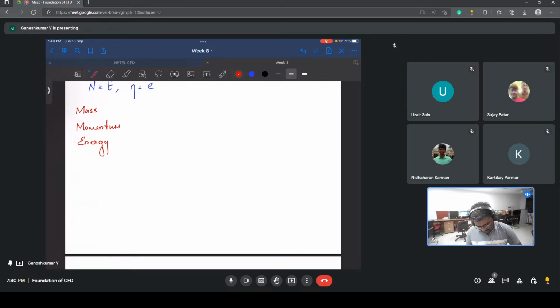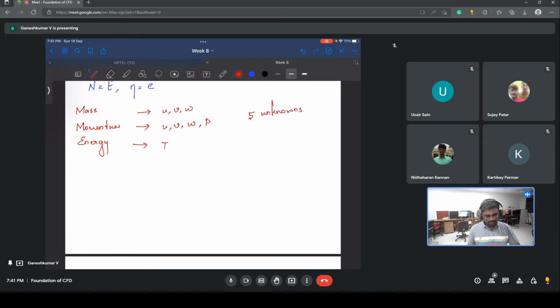Before going into incompressibility, what we have are unknowns u, v, w and p. These are your variables of interest. Here, temperature is just our variable of interest. So in total we have 5 unknowns.